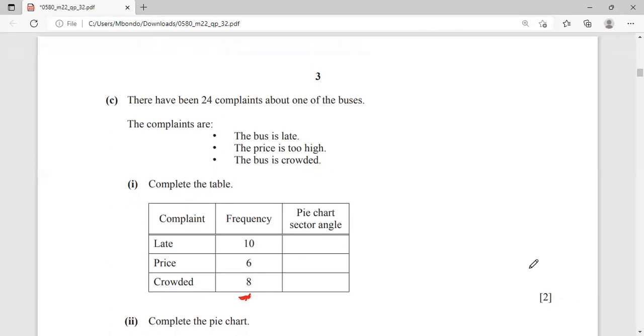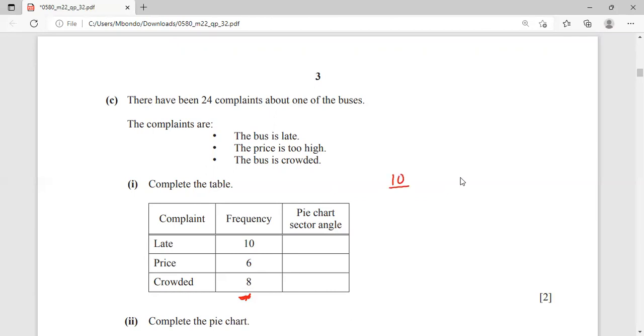Then, now we are told here to complete the table. What do we do to complete this table? It's this last part where we are told pie chart, sector angle. All right? So now, the number of complaints for those that say the bus is late is 10.